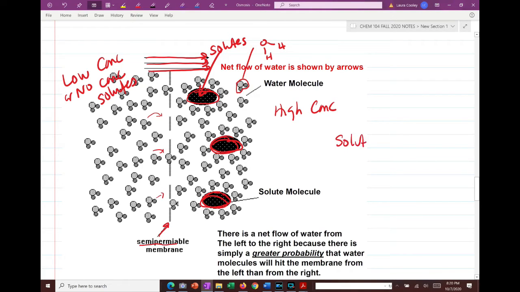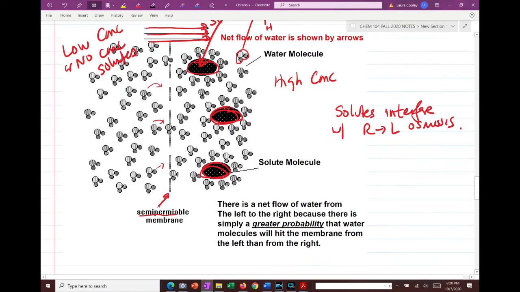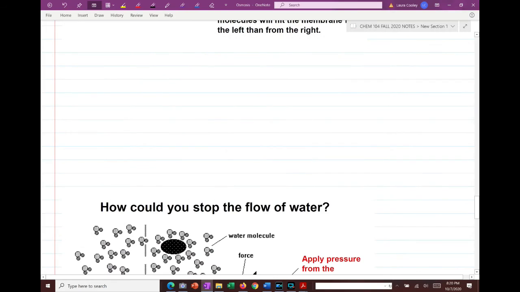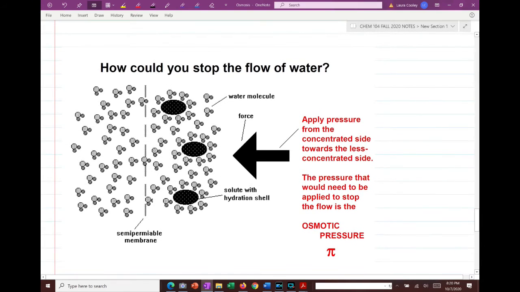So solutes interfere with the right-left osmosis. So there is a net flow of water from the left to the right. It's just a greater probability that the water molecules will hit the membrane, and that's why osmosis happens. So you might say, well, how could you stop this flow? And let's not forget that this is happening in a container of some kind, right?